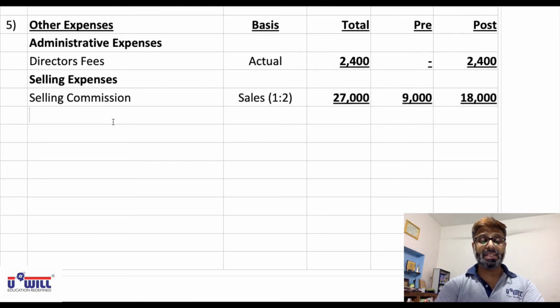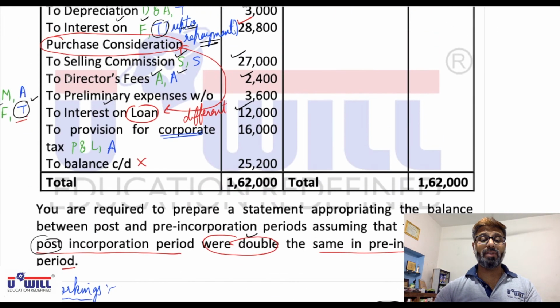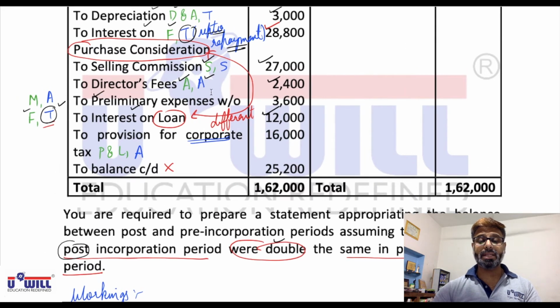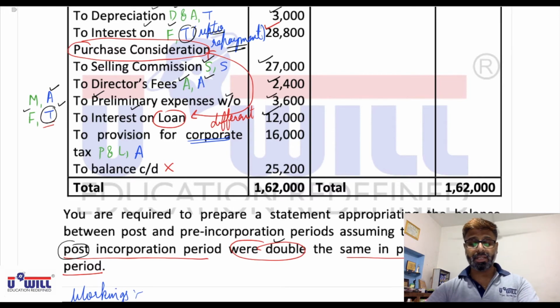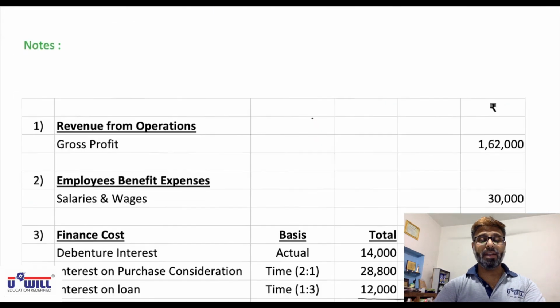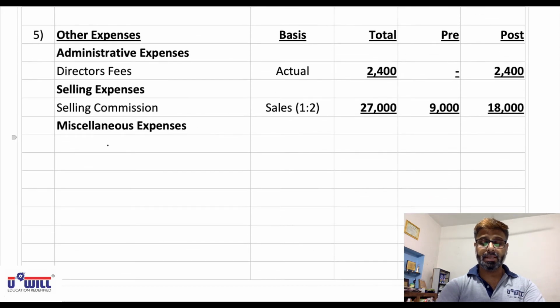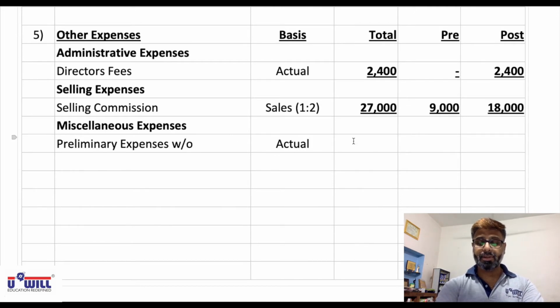And then we will have miscellaneous expenses. Now in miscellaneous expenses, M, again only one item is there, preliminary expenses written off. Actual basis, the entire amount will go in the post incorporation period, 3,600. Only one item, so that itself will be the total.